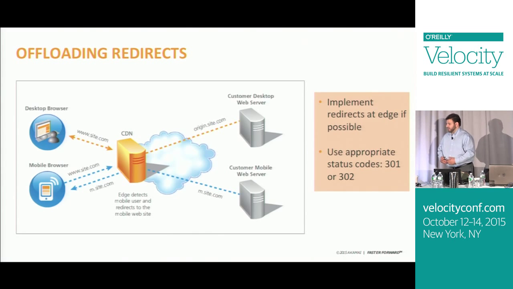Another concept that's not technically caching, but is similar, is dealing with redirects. So think of what happens when you're issuing a redirect: an end user is making an HTTP request, let's say example.com/.